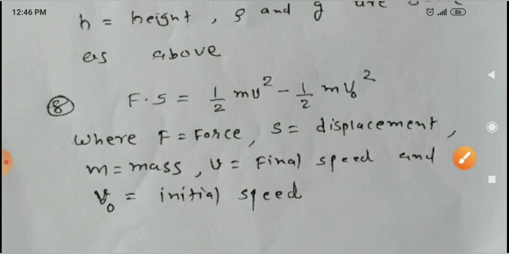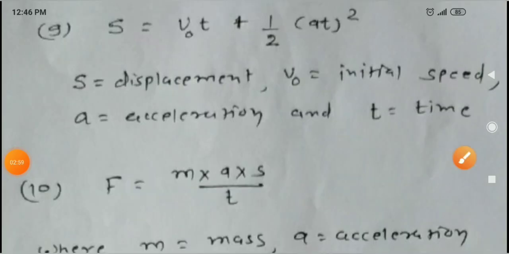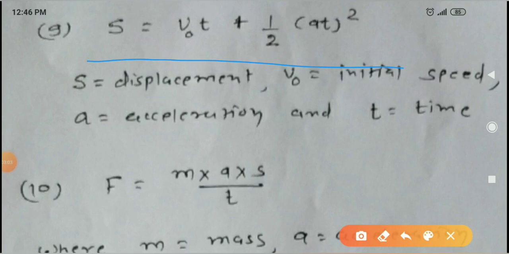Okay. Students, the next equation is S equals v0t plus half a square t square, where S is displacement, v0 is initial speed, a is acceleration, and t is time. You have to check whether this equation is dimensionally consistent or not.